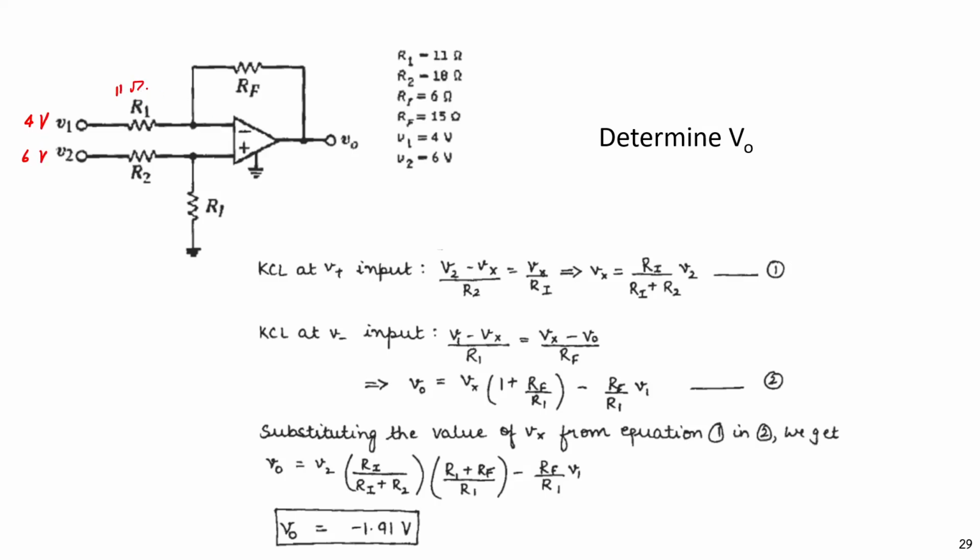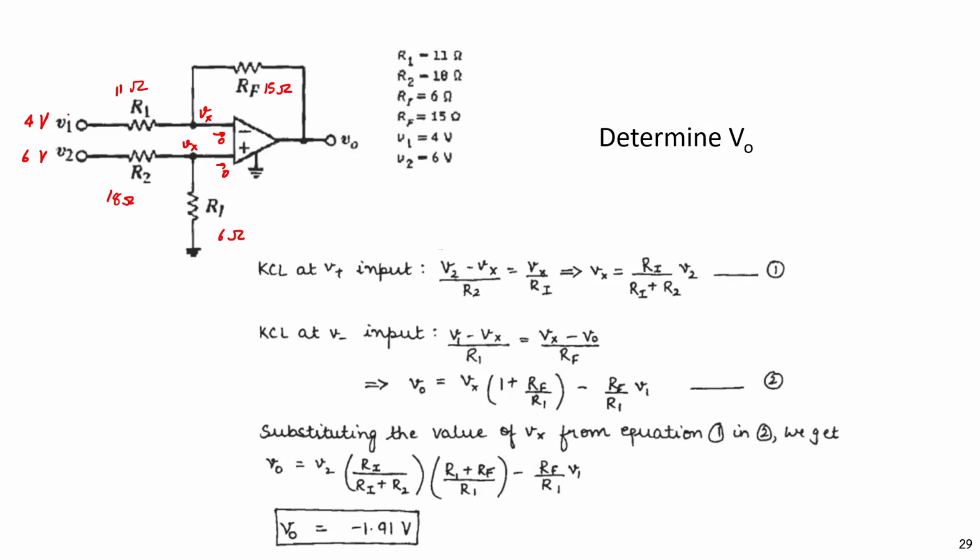R1 is 11 ohm, R2 is 18 ohm, RF is 15 ohm, and here is 6 ohm. No current flows here, right? Zero. And the voltages are the same, but we don't know what the voltage is here. So we call this voltage Vx, and here Vx.